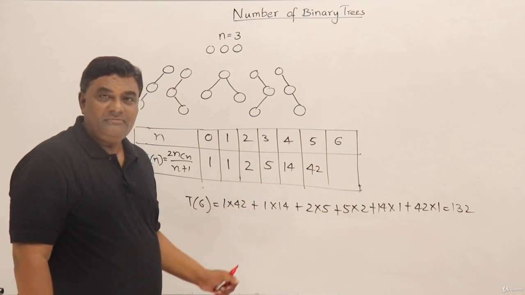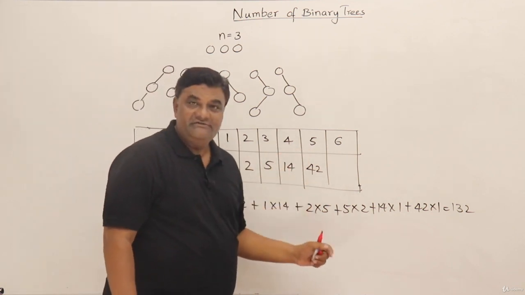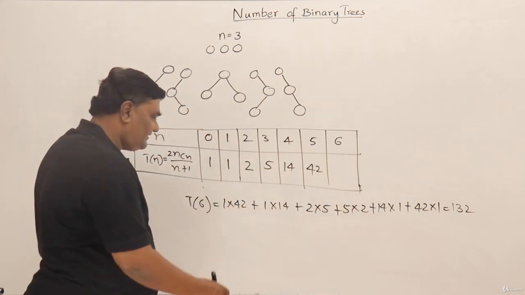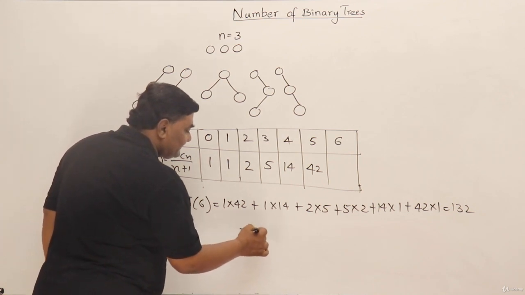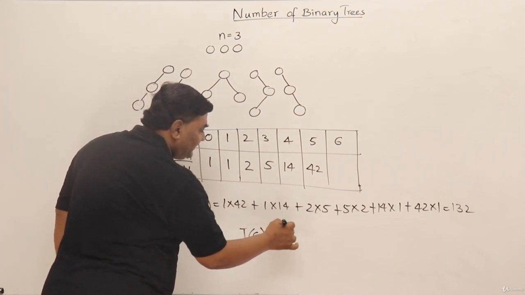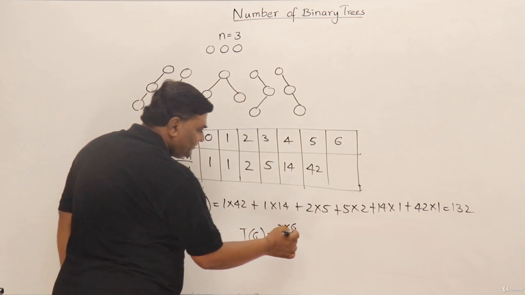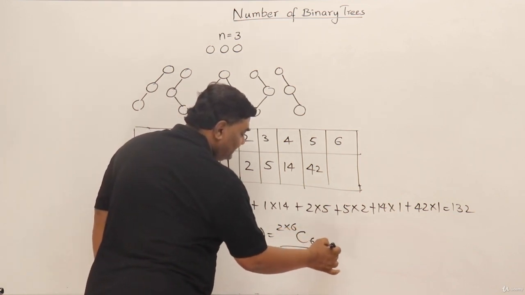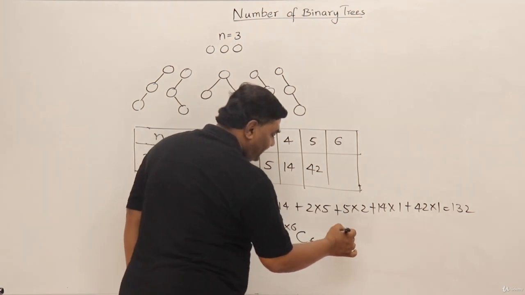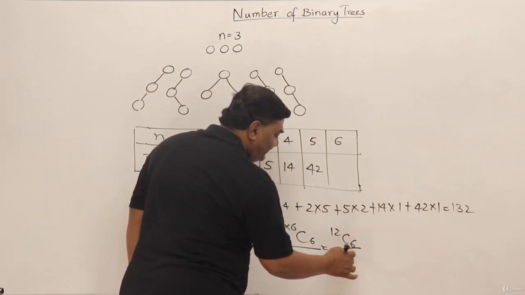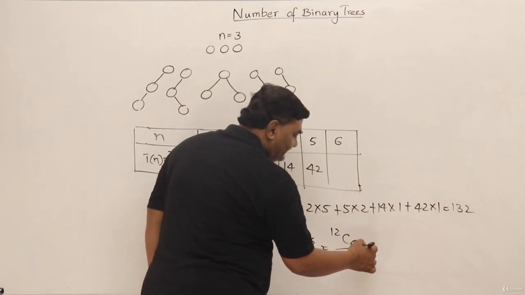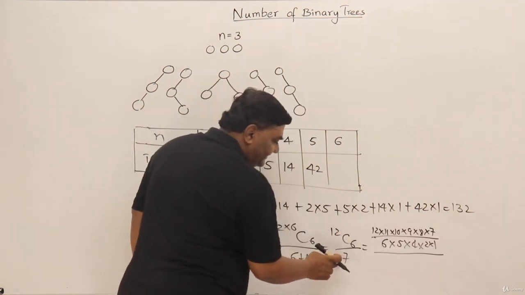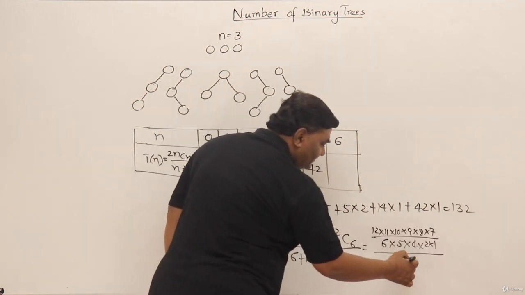Let us use the formula for value 6 and check whether our answer is correct or not. T6 is 2n Cn by n plus 1, so 2 into 6, C6 by 6 plus 1. So this is 12C6 by 7. This is the numerator, then the denominator will be 7.